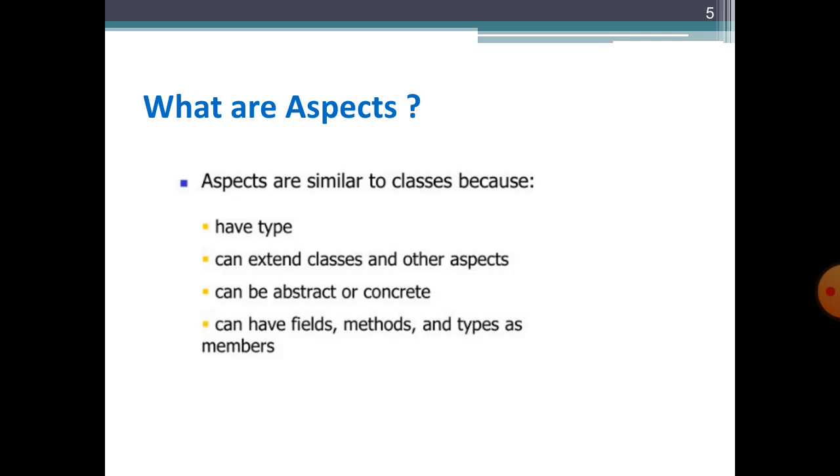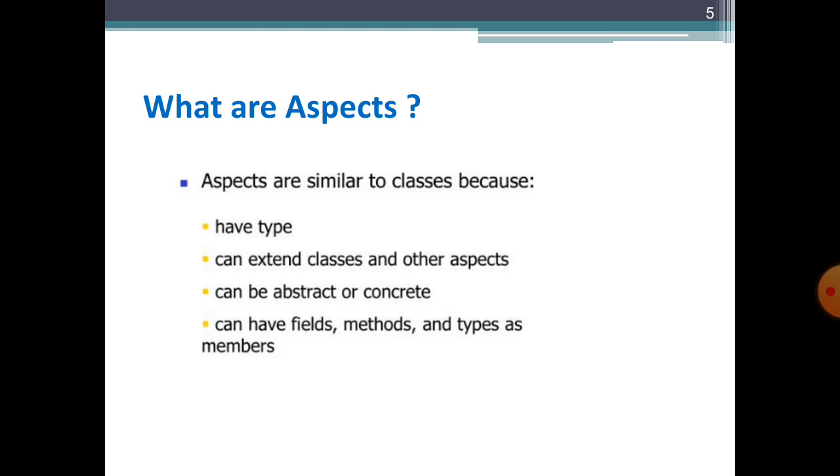So what are basically the aspects? Students, we can say an aspect is a module which encapsulates a concern. What aspect and concern are, I have already discussed, but I will recall these two terms again. Aspect is basically a feature of something, or a particular part of a program. And what is a concern?